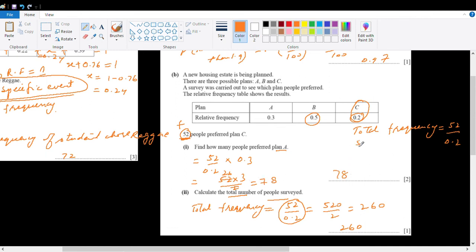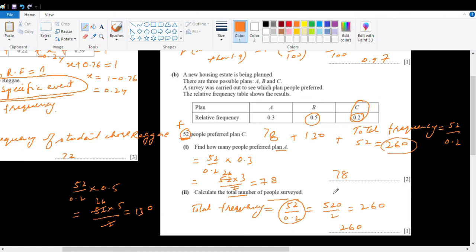So this is 52, this is 78, and for the last one, multiply the total 52 over 0.2 by its relative frequency, 0.5, and it becomes 52 times 5 over 2, which is 26 times 5, so 130. When you add all of them, check that it is equal to 260: 130, 52 and 78, 130 plus 130 is 260.